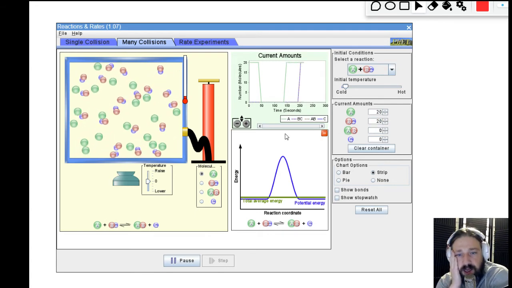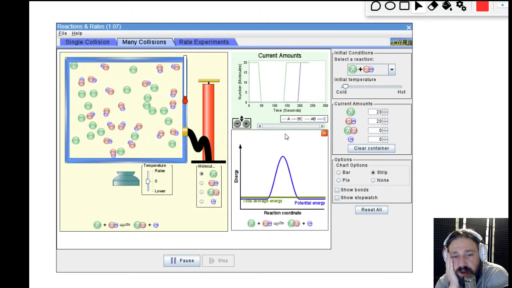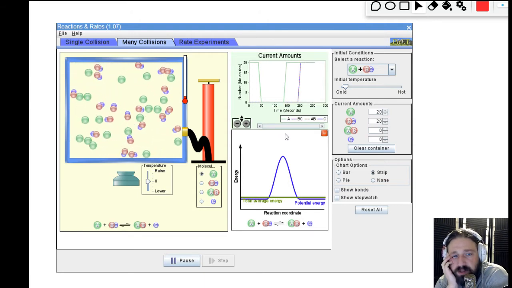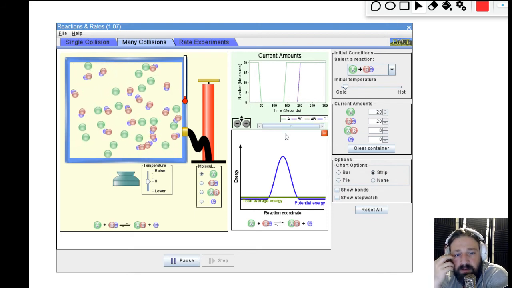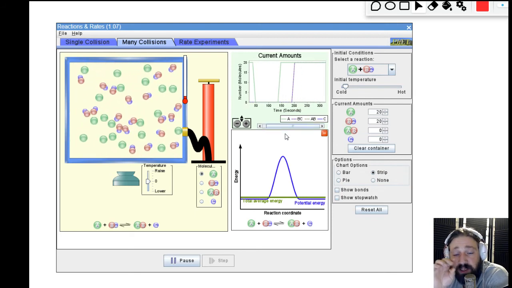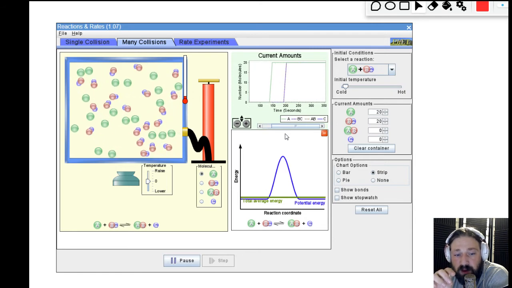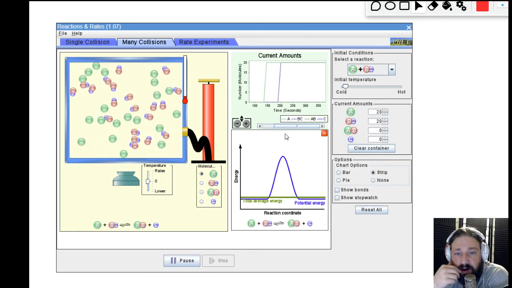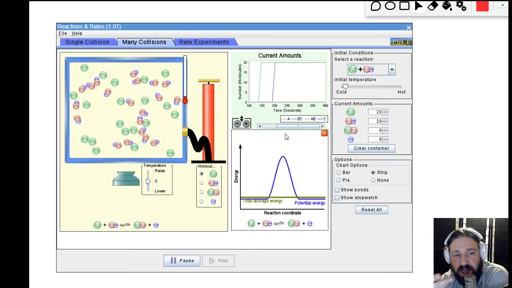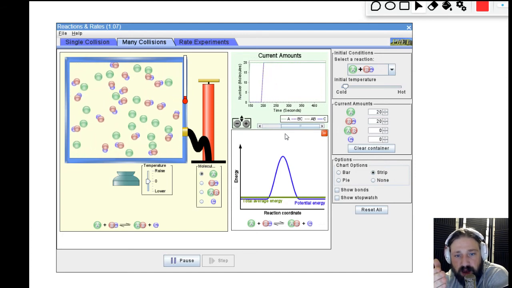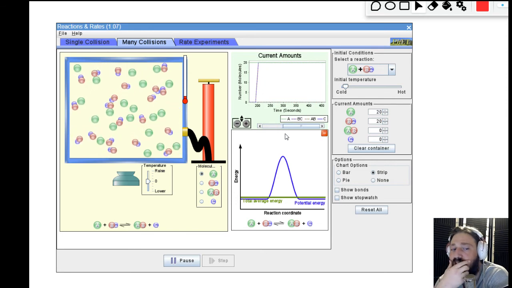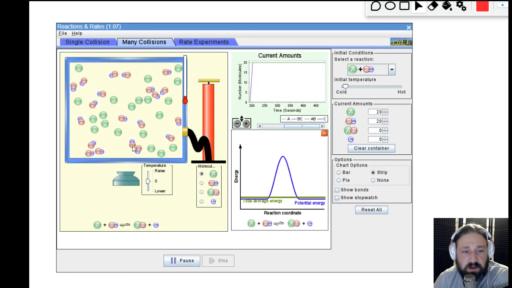Now if I just wait here and see what happens, you can see not much is going on. It's going to take a long time for these guys to actually jump over. But if I just sat here, eventually one of them is going to hit with the right amount of force and the right orientation and everything, because some of these guys are moving fairly quickly.